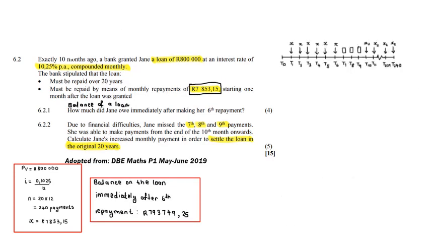Now for question 6.2.2, as stated, because Jane missed a few of her payments, she has to be charged interest on whatever the balance of the loan was from where she ended off. She made her last payment at the end of the 6th month, which is right over here on the number line.